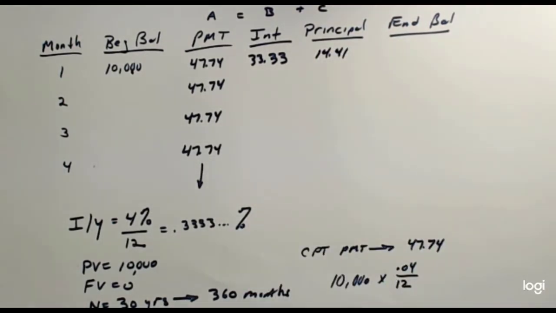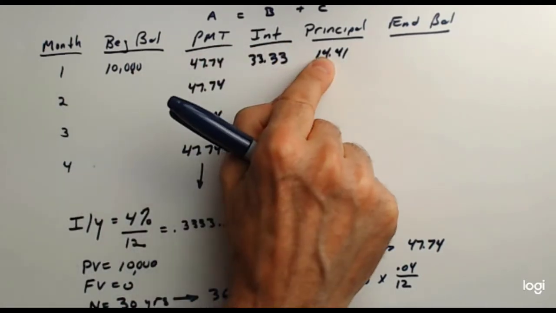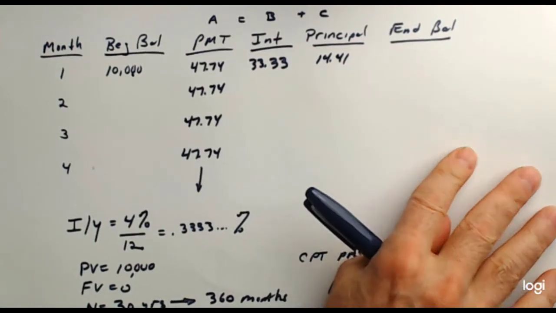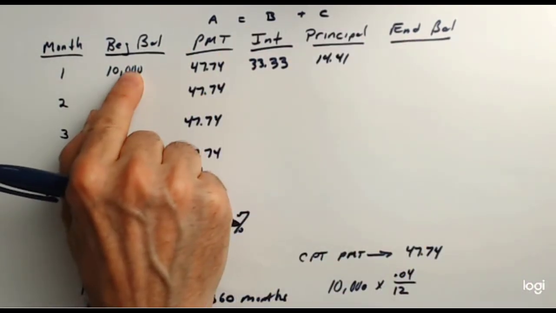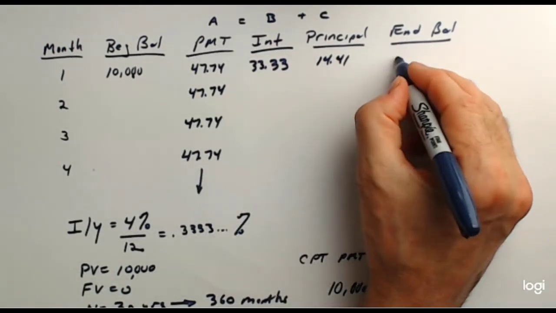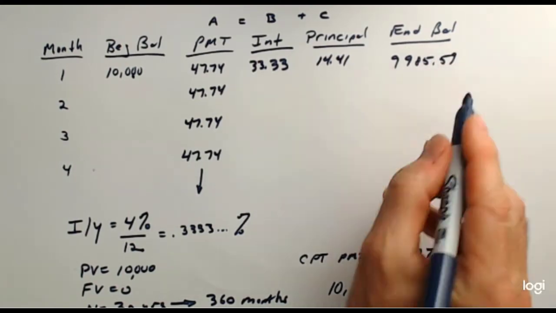And that's what we're paying off in principal. So the very first payment includes a $14.41 principal payment. And then we now have to compute a new ending balance for the principal, which is the beginning balance minus the $14.41, and that comes out to be $9,985.59. That's our new balance.